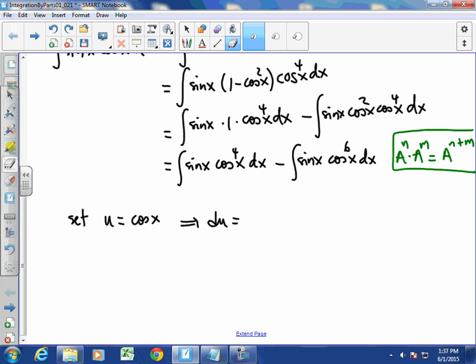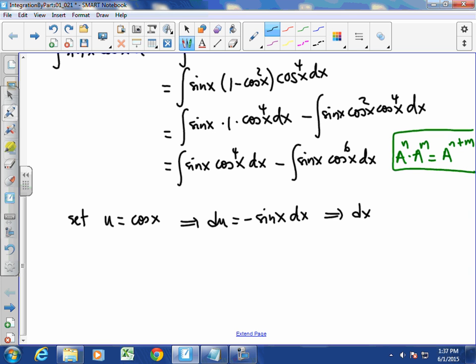So doing this, we say du is equal to the derivative of cosine, that is negative sine x, times dx. So if you want, you can solve for dx. So dx is du over negative sine x. This is if you are still struggling with basic integration.